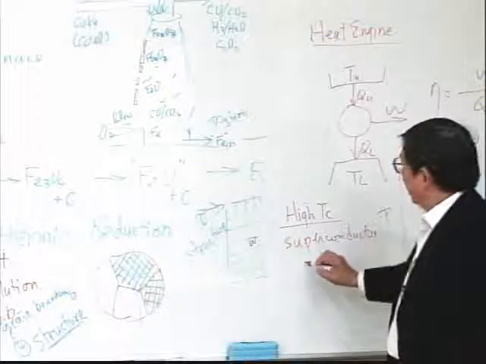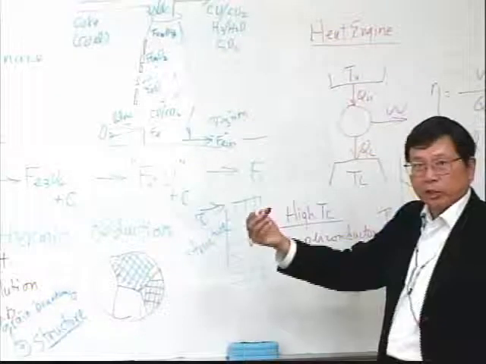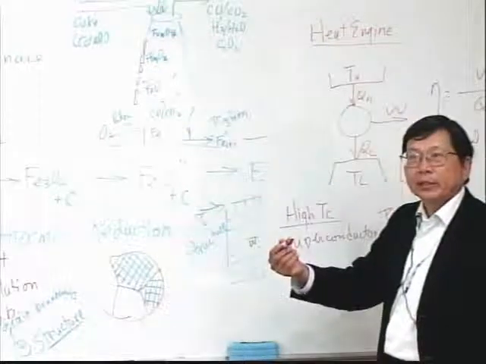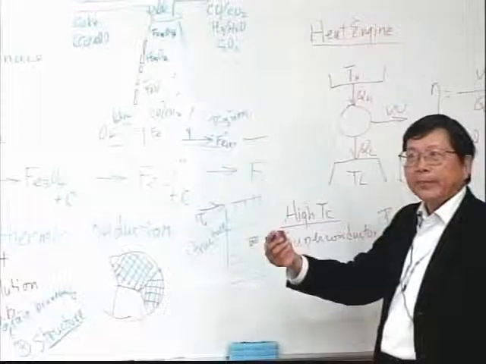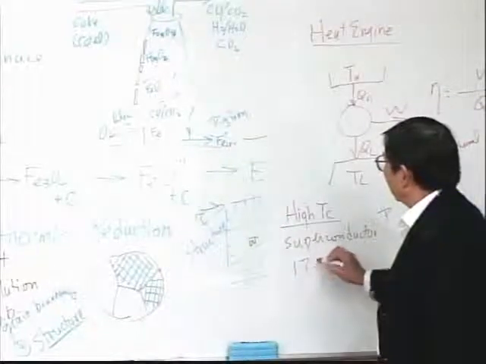The first one was very famously discovered in the 1980s by Paul Chu's group at the University of Houston. It's called the 123 compound.